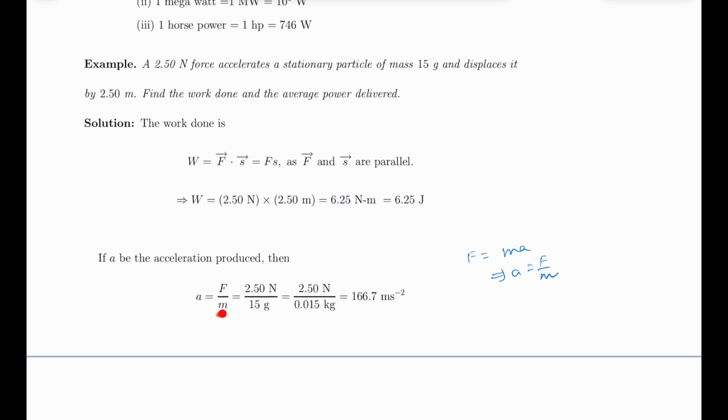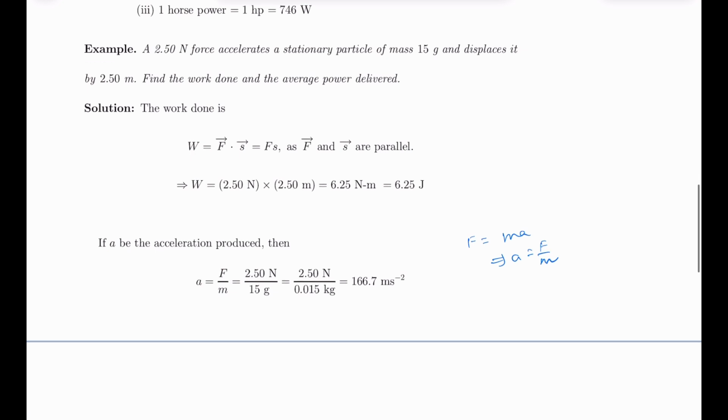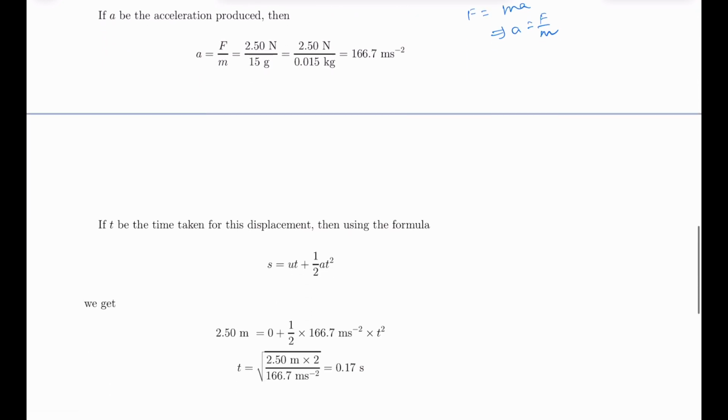Mass is 15 gram. So convert this into kilogram. So this comes out to be 2.5 Newton upon 0.015 kilogram. If you divide one by the other, this gives you acceleration as 166.7 meter per second square. ये निकल गया उसका एक्सेलरेशन. अब इस एक्सेलरेशन से इतना डिस्प्लेसमेंट होने में कितना समय लगेगा ये निकालना है.